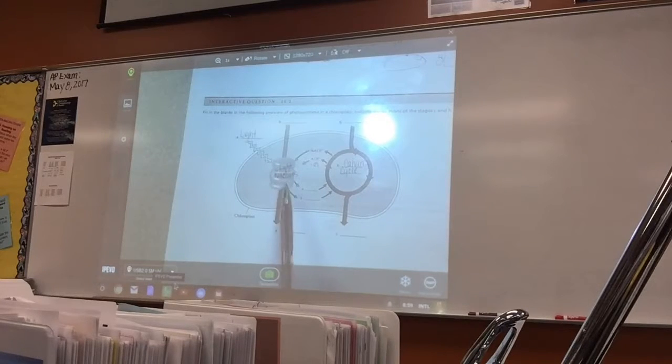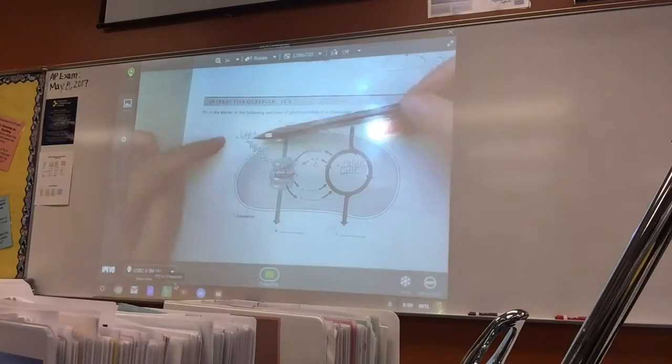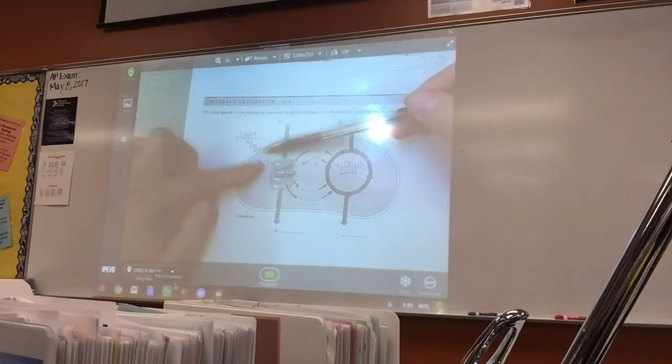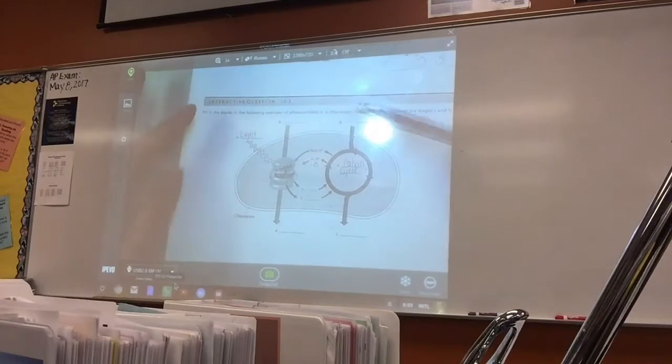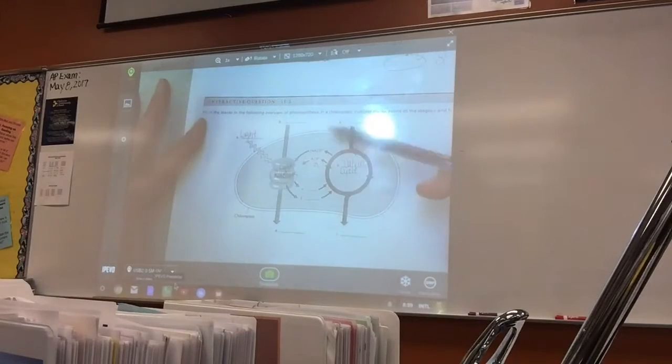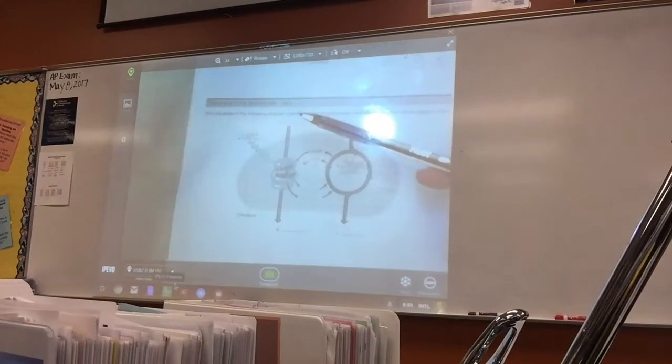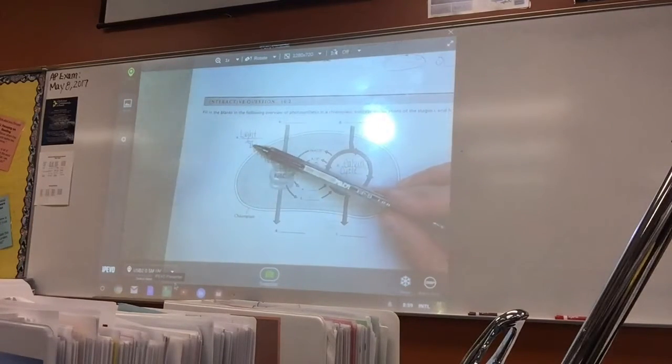Now, the light reactions here, besides light, the light energy is used in the light reactions, but remember photosynthesis, the overall reaction, there are two things that go into it besides light. What gas goes into photosynthesis? CO2, and what's the other thing that goes into photosynthesis?